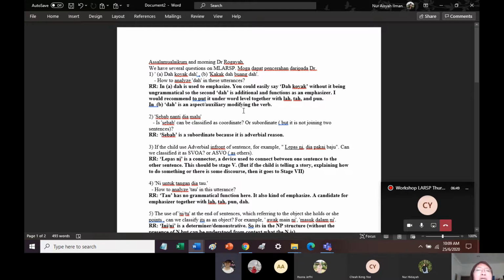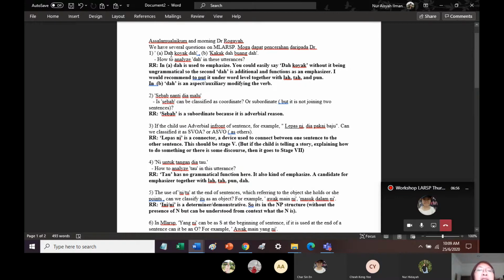Yes, doctor. Okay, so this is Zahira's questions. So she had "dah koyak dah", and "kakak dah buang dah". I've labeled 1A and 1B. I find that the second occurrence of "dah" is used to emphasize.